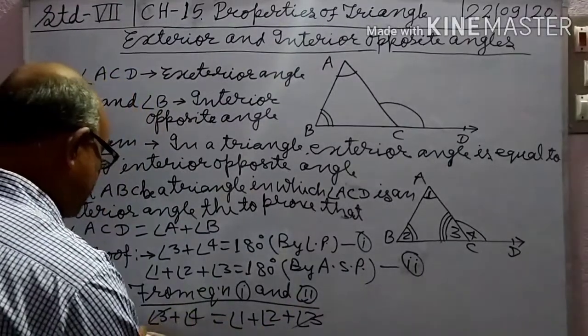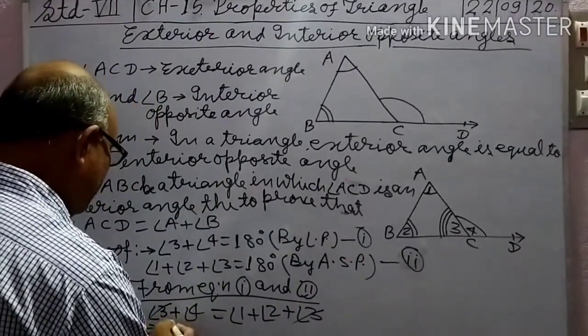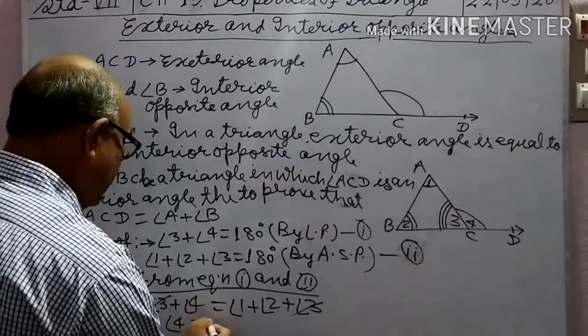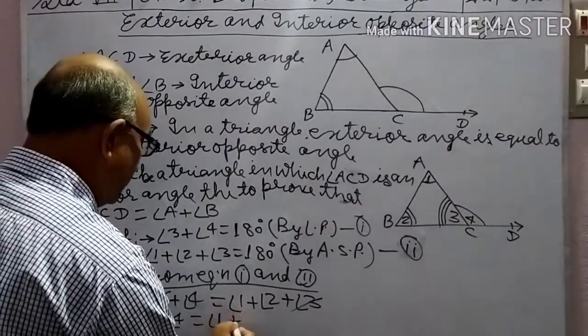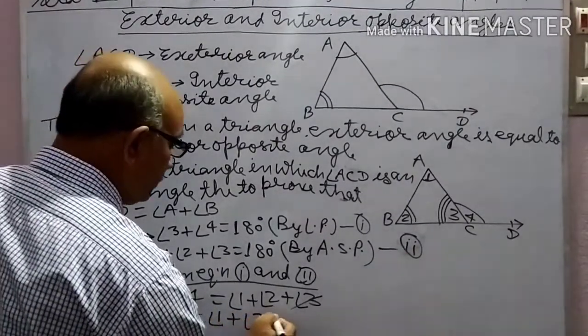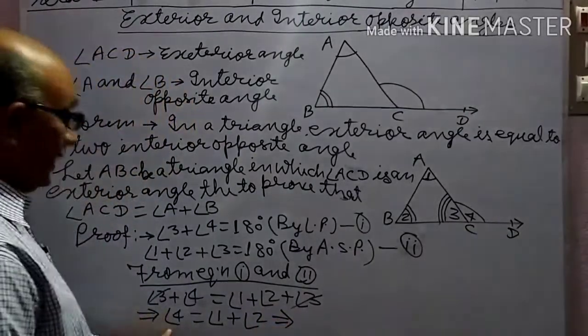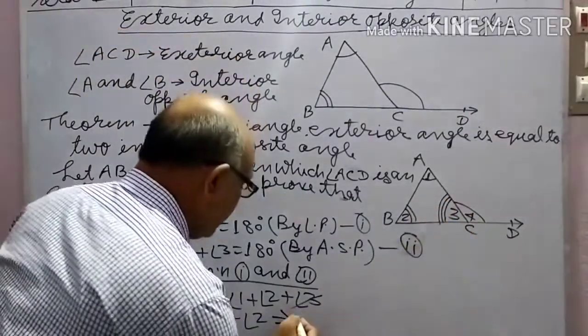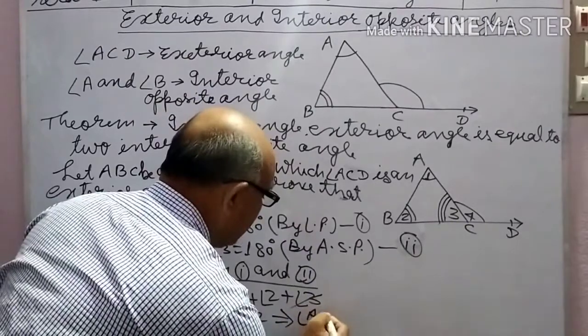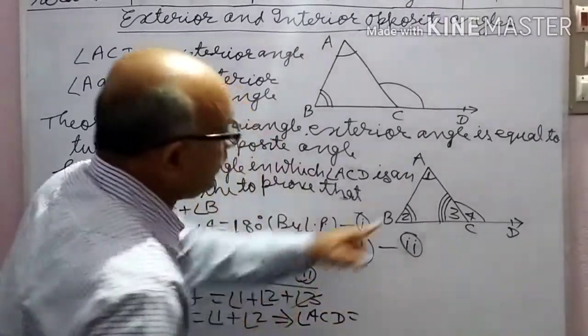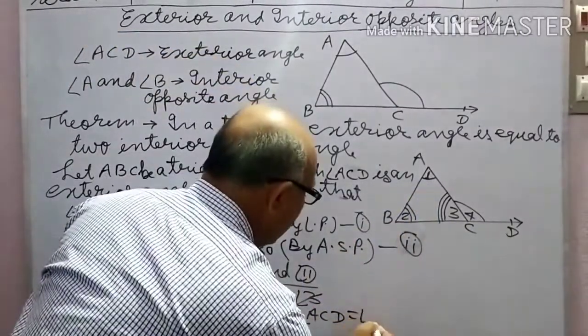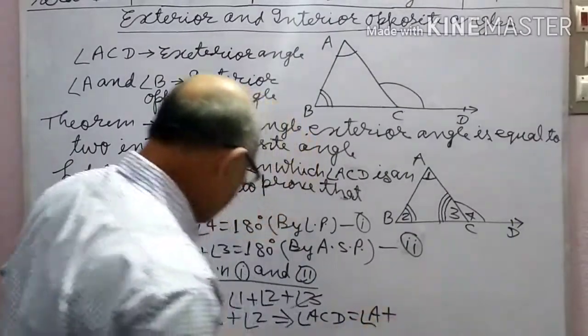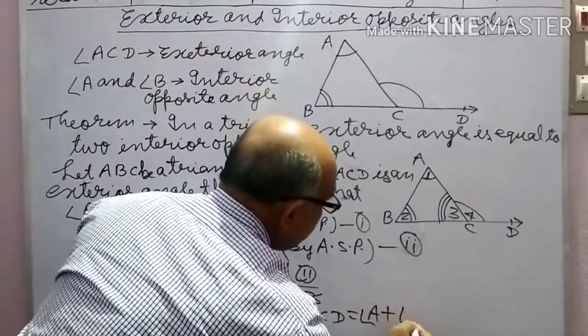Angle 3 is cancelled. That implies angle 4 equal to angle 1 plus angle 2. That implies angle ACD equal to angle A plus angle B, as angle 1 equal to angle A and angle 2 equal to angle B.